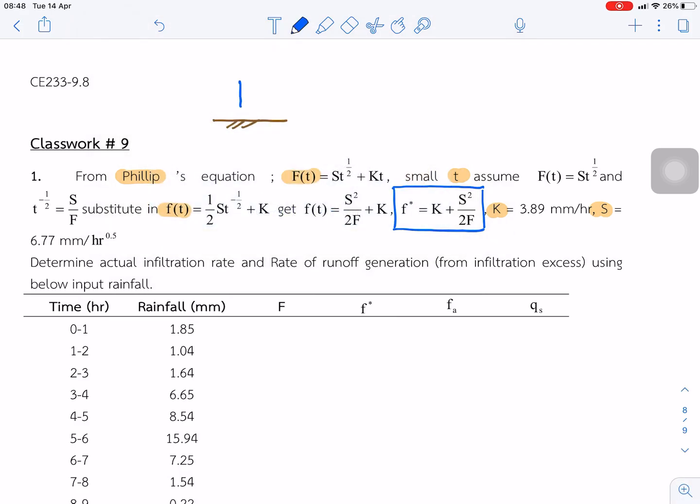Rainfall is coming, and this is infiltration. This F star is the maximum infiltration, and if there is not enough infiltration, the excess is QS.